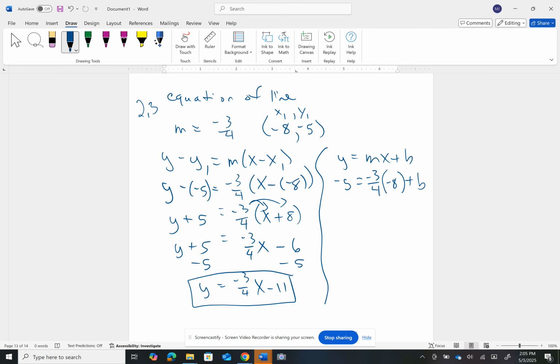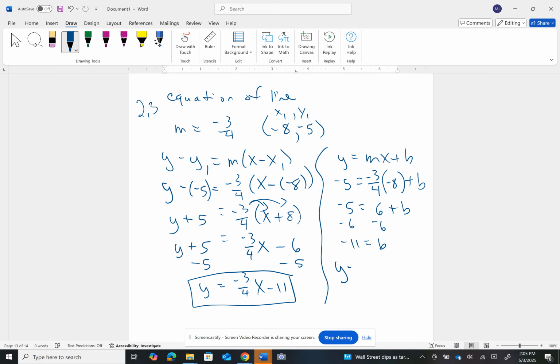If you did that, -3/4 times -8 would be +6, and then you'd subtract 6 from both sides to get your b value to be -11.